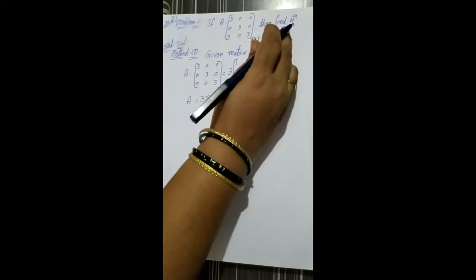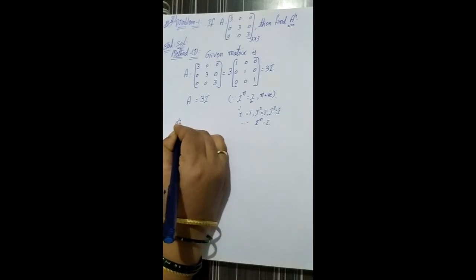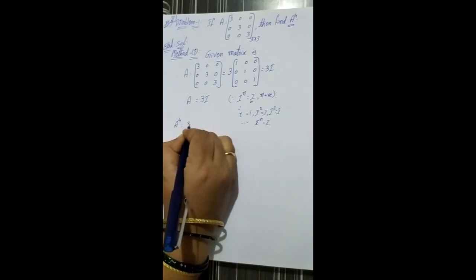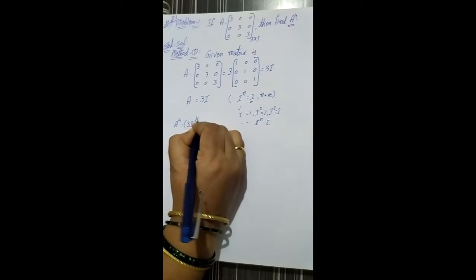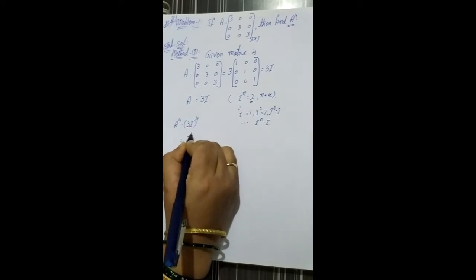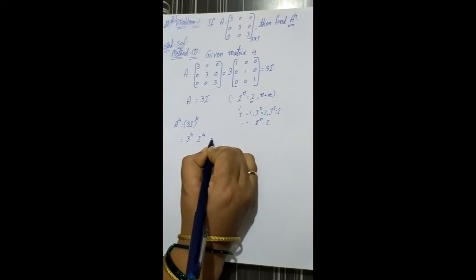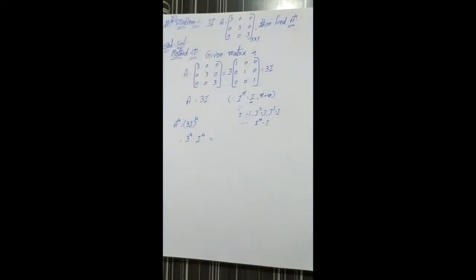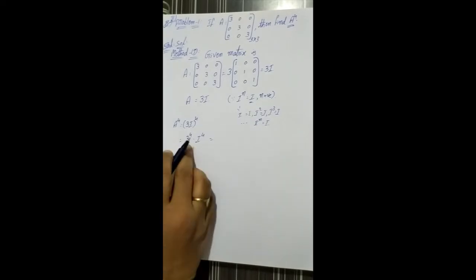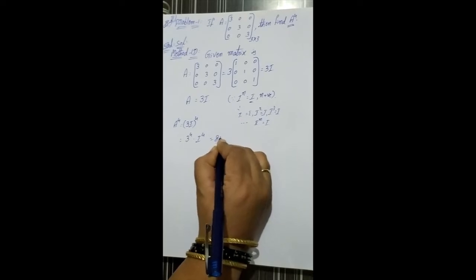By using this condition, A power 4, where A is 3I, that is 3I whole power 4, equal to 3 power 4 into I power 4. 3 power 4 value is 81.